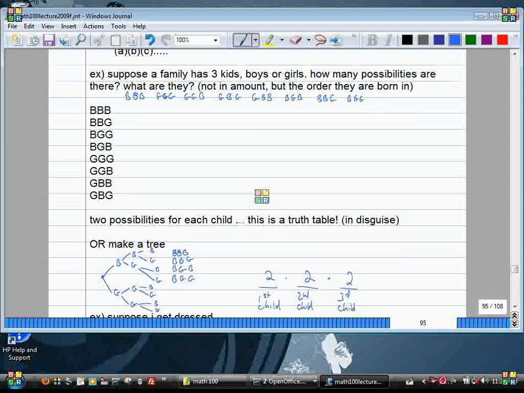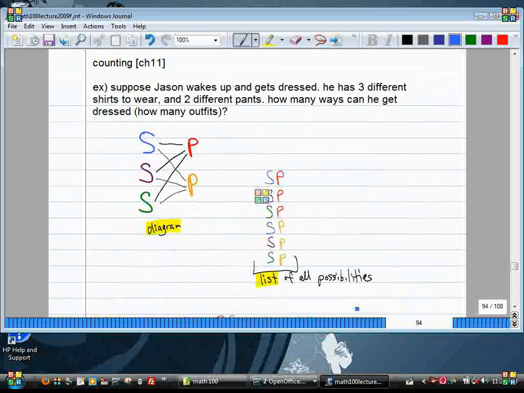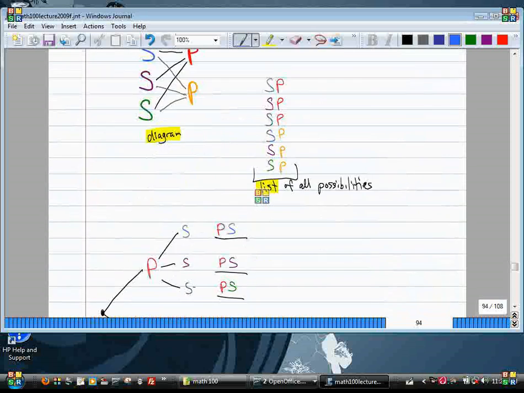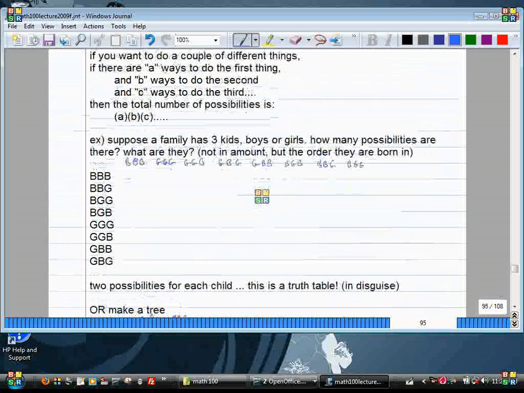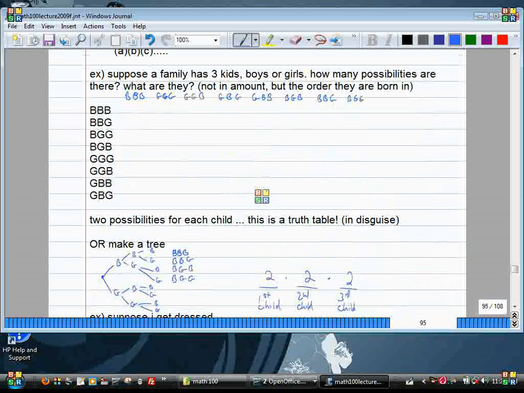In the same way that the very first example we did, we're getting dressed. What are the events? The events are put on a shirt, put on a pair of pants. 3 possibilities, 2 possibilities. Same thing here. It's less clear, but now you should be able to understand how to read a problem and figure it out.